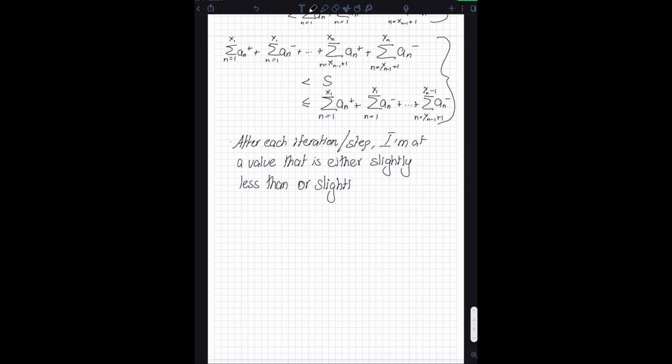Those are the only two cases, because the way I've defined my iteration is that I'm going to go above s, then come below s, above s, below s, and so on. So after each step of the iteration, I'm either at a value that is above s, or slightly less than s.